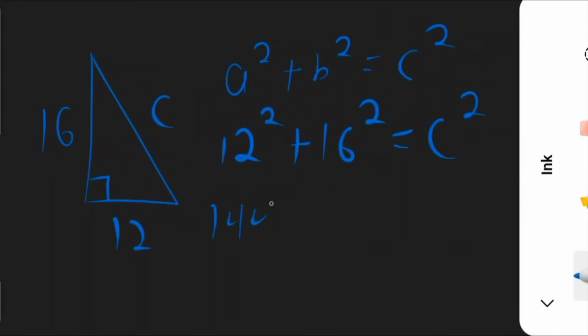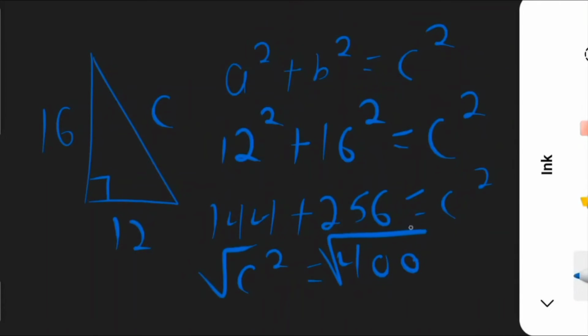So we have 144 plus 256 equals c squared, then c squared equals 400. Then we take the square root of both sides and we find that c equals 20. So the hypotenuse of this triangle is equal to 20.